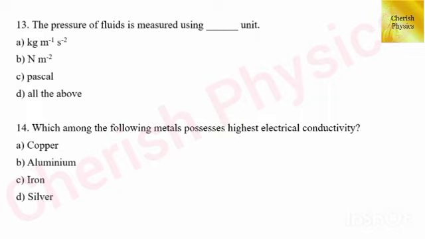The pressure of fluids is measured using dash unit. The answer is all the above. 14th question. Which among the following metals possesses highest electrical conductivity? The answer is option D, silver.